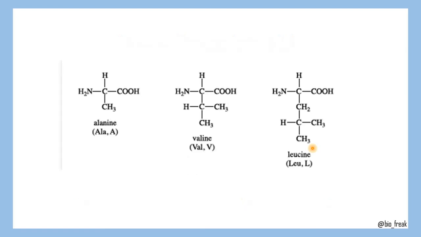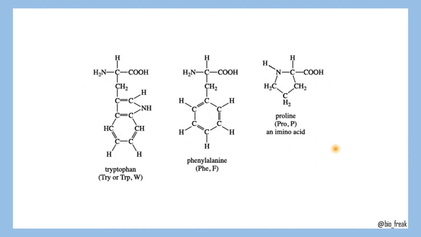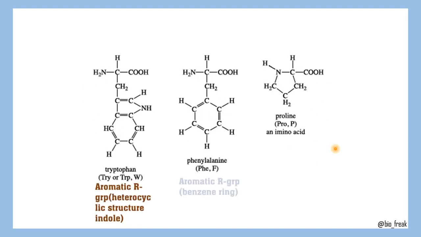Moving further, there is alanine, valine, leucine. As I said, leucine has its own isomer, that is isoleucine. Alanine, valine, leucine, they all have this aliphatic R group. Now remember guys, when we talk about the non-polar amino acids, the R chain can be either aliphatic or aromatic. So let's look at 2 of the aromatic amino acids.